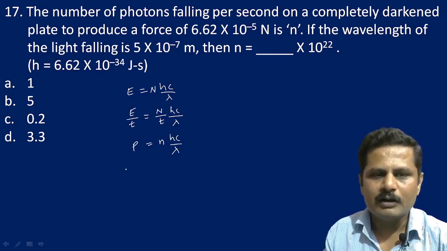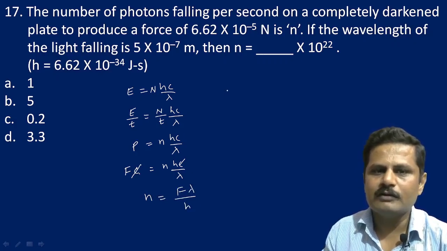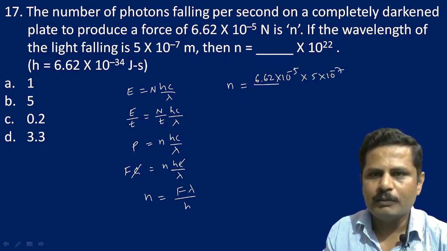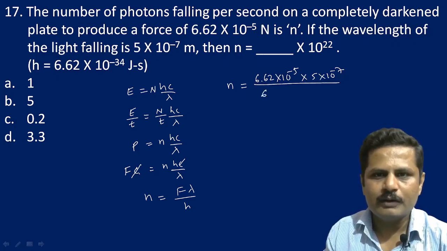Now power can be written as force into velocity, where C is the velocity of light, so P equals n hc divided by lambda, and this C gets cancelled. So we will get n equals F lambda divided by h. On substituting these values, n, the number of photons per second, equals F, that is 6.62 into 10 power minus 5 Newton, into lambda, that is 5 into 10 power minus 7, divided by h, that is 6.62 into 10 power minus 34.